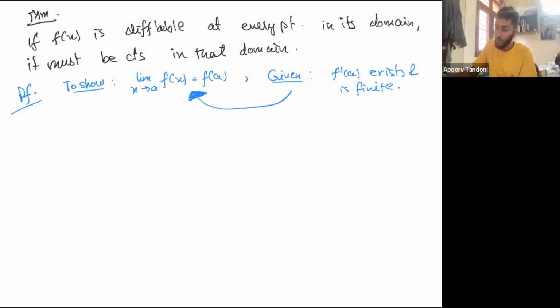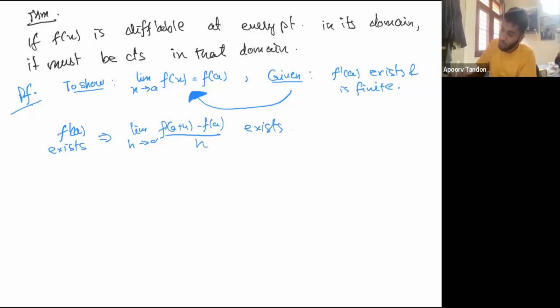The only tool that we have with us for this proof is the definition of the derivative. So let's use that definition. The existence of f dash a implies that the limit as h tends to 0 of f of a plus h minus f of a by h also exists, right?